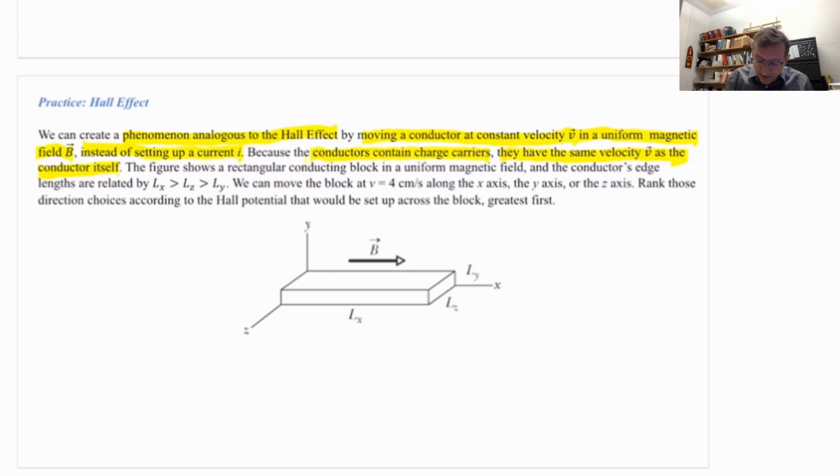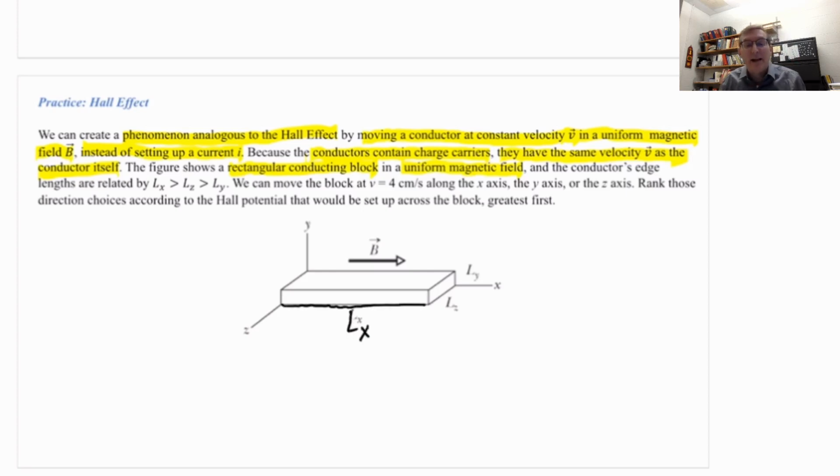So this figure shows a rectangular conducting block in a uniform magnetic field. You can see the magnetic field points to the right, which is the plus x direction in this diagram. And this rectangular conducting block has three dimensions. There's a length parallel to the x-axis this way, which happens to be the big dimension.